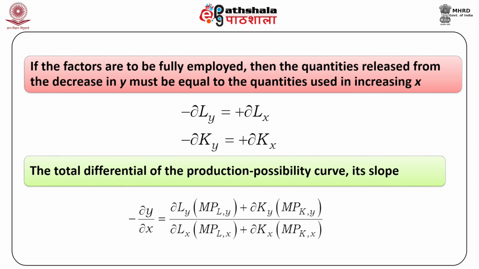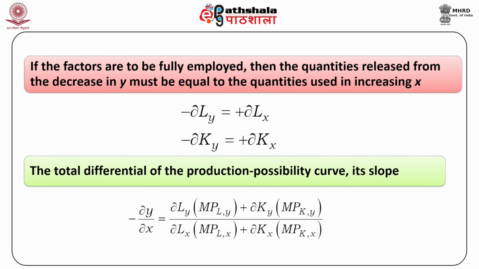This is a compensation of the utilization of factors of production released from the reduction in the production of y and an increase correspondingly in the production of x. This is a different kind of substitution. It is a substitution of some quantity of both factors of production from the production of commodity y, and then these released factors are being used in the production of x.